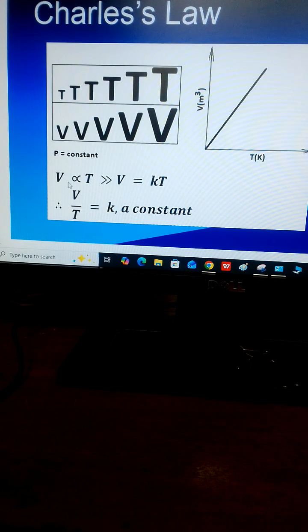So V is directly proportional to T, the absolute temperature, implying that V is equal to K times T, where K is a constant. So if you make K the subject of the equation, you divide both sides by T, you get V over T is equal to K, and this is Charles' law.